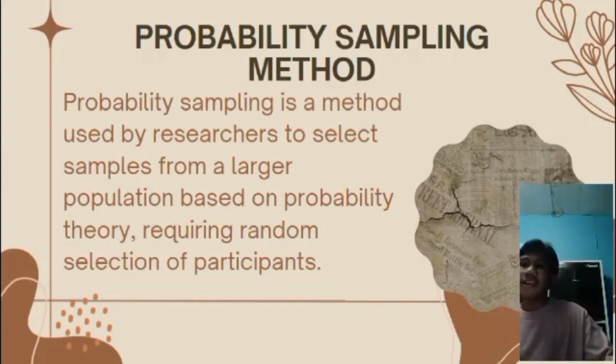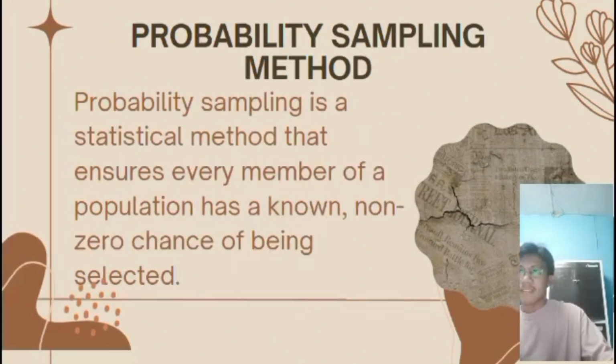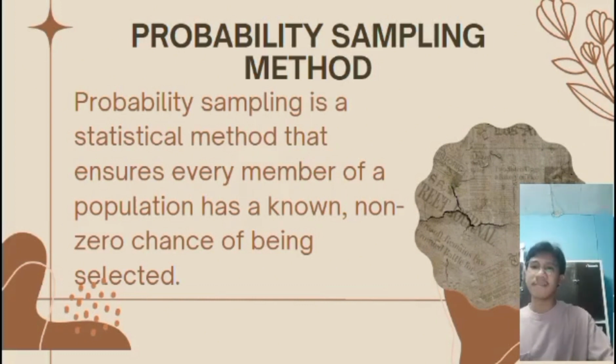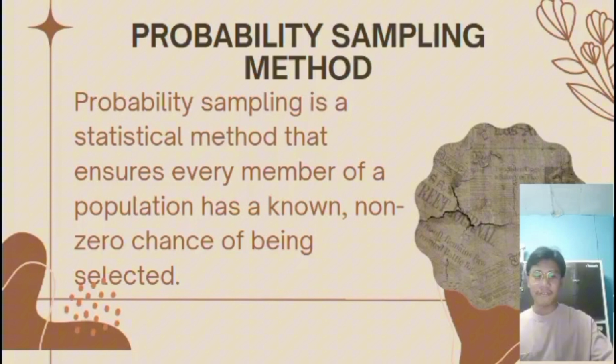So, sa method na ito, ang mga researcher ay pumipili ng kanilang mga participants or nag-select ng mga participants randomly. And probability sampling is the statistical method that ensures every member of a population has a non-zero chance of being selected. So, all elements of the whole population has an equal chance or independent chance of being chosen as a sample.